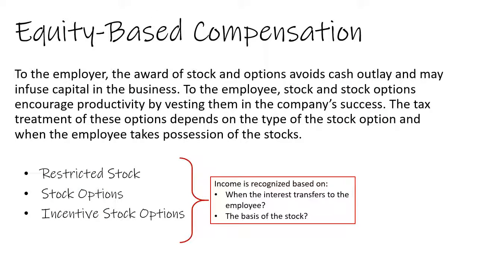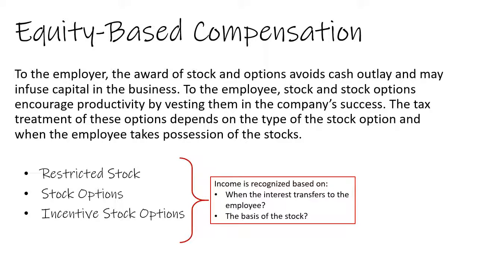Another perk that many employers offer is the award of stock options. Stock options are great because they vest employees in the company's success, as well as avoid the cash outlay for employee payroll benefits.